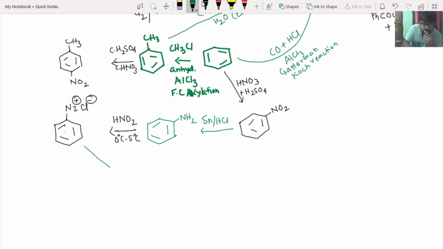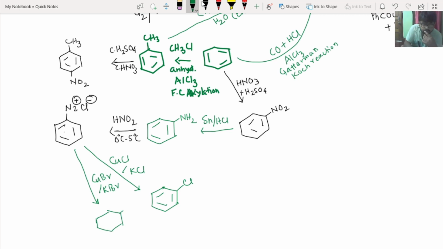Now this benzene diazonium chloride can be converted into chlorobenzene simply by using CuCl and KCl. This reaction is called the Sandmeyer reaction. Similarly, by using CuBr and KBr, it can be converted into bromobenzene.